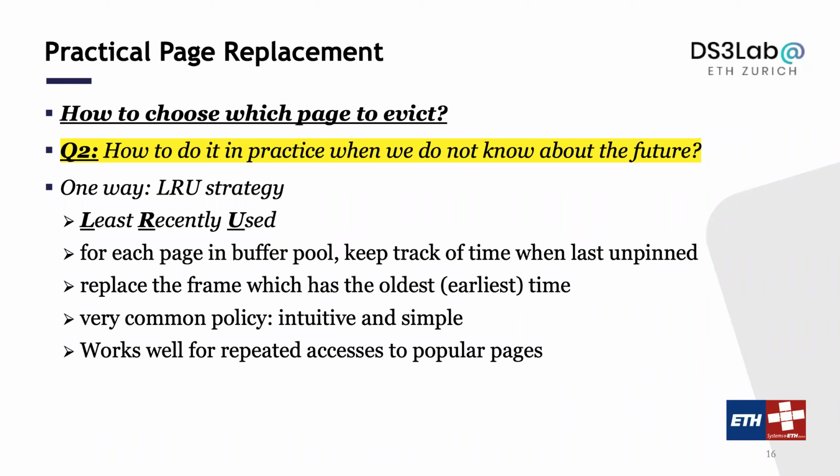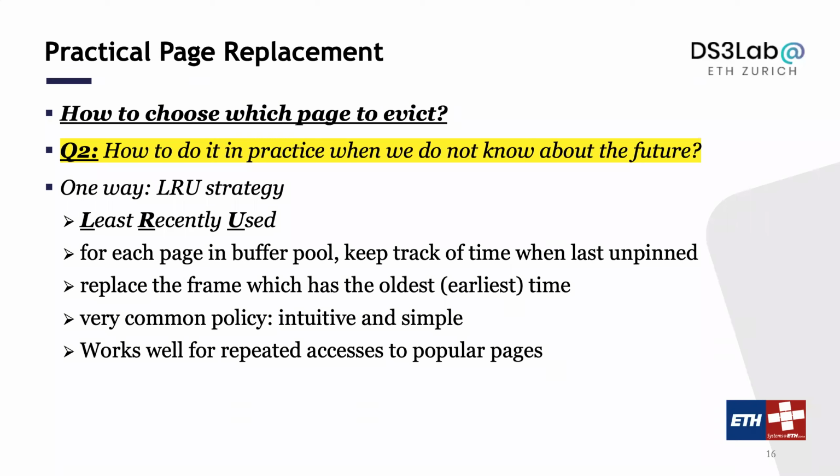One popular way, which is actually very similar to what the operating system is doing to manage its own buffer, is something called LRU, least recently used. I think everyone should be pretty familiar with this. It's actually very simple. For every single page in the buffer pool, it keeps track of the time when it was last unpinned, essentially when it was last used.